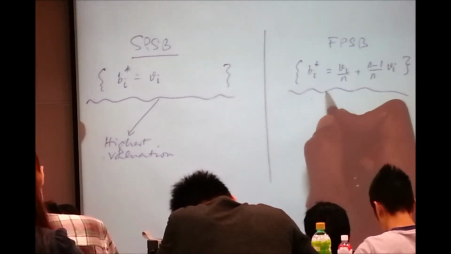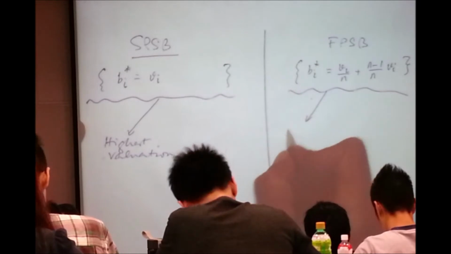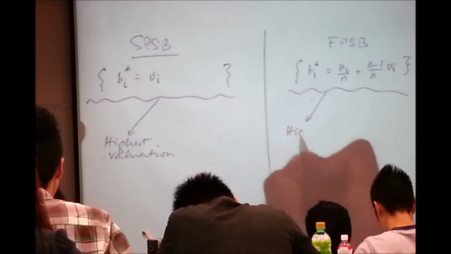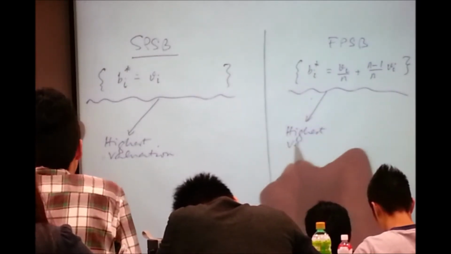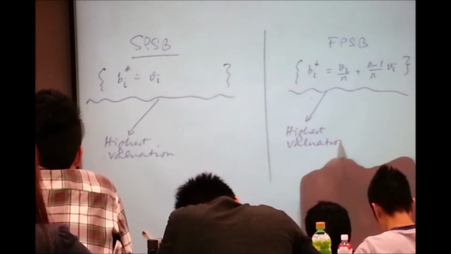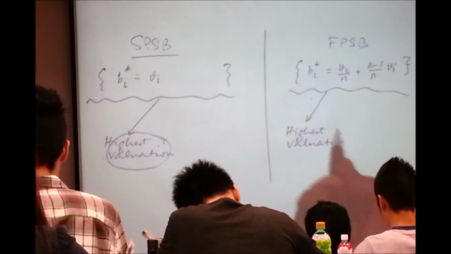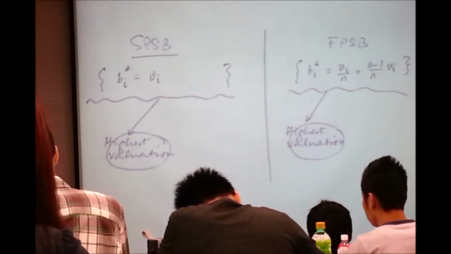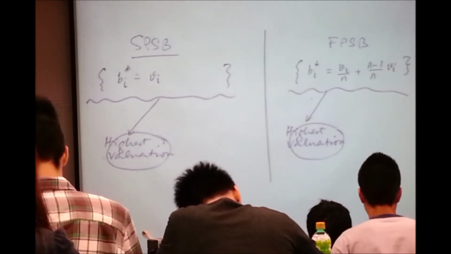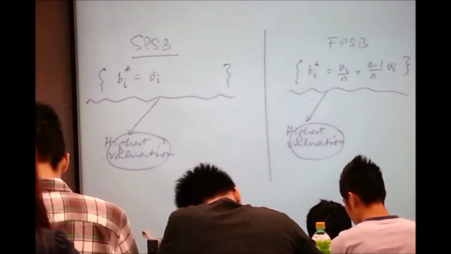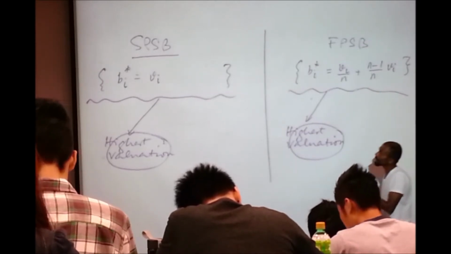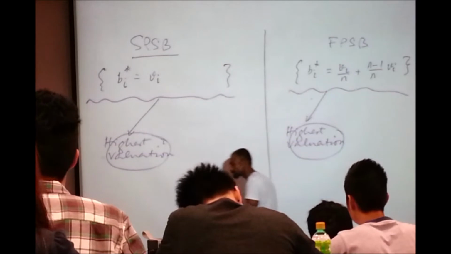Similarly, I have just asked you who will win the auction here. Same thing. The guy with the highest valuation will make the highest bid, and he will win. From that, I conclude that both auction forms, whether it is a first price auction or a second price auction, are efficient.